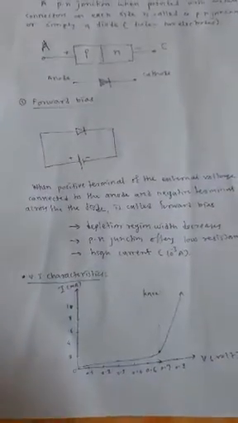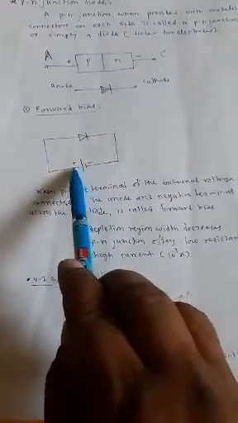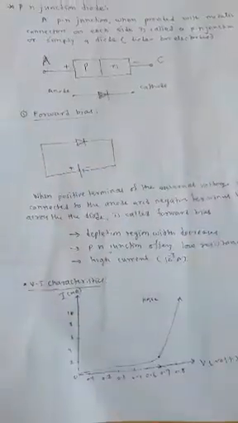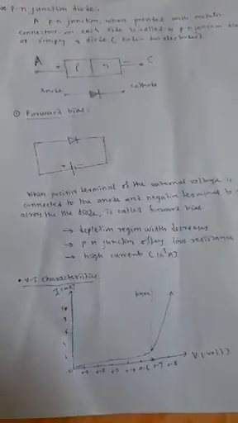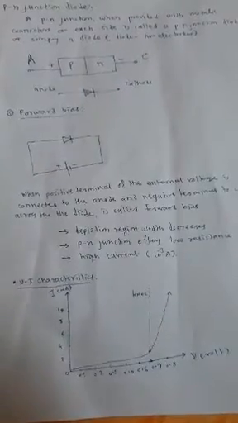Therefore, we can say that when the positive terminal of the external voltage, means battery, is connected to anode and negative terminal is connected to cathode of the PN junction diode, this arrangement is known as the forward bias.